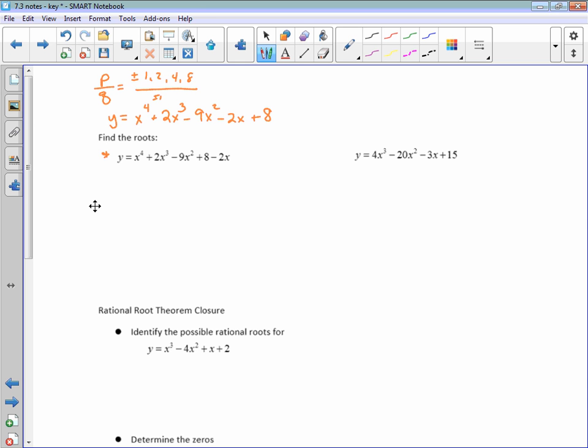You don't really have any fractions in this one. Then start trying to find one that works. Once you guys find one that works, stop, and we'll go through the steps after that. Because what's different about this problem from the others that we did? It's 4th degree, yeah.